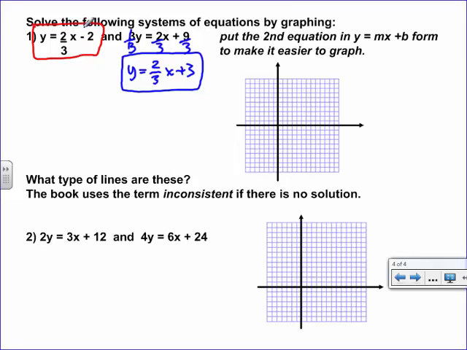Graph this one first. You start at -2, up 2, over 3. And draw a line to connect the points.